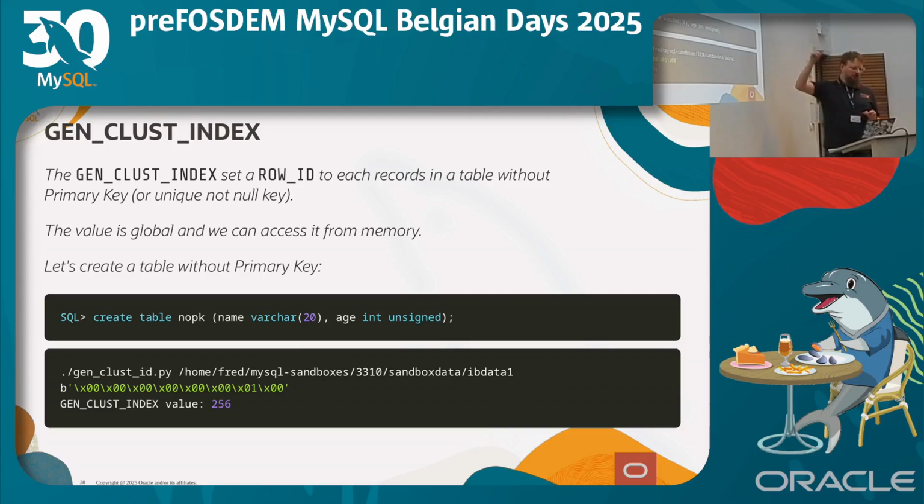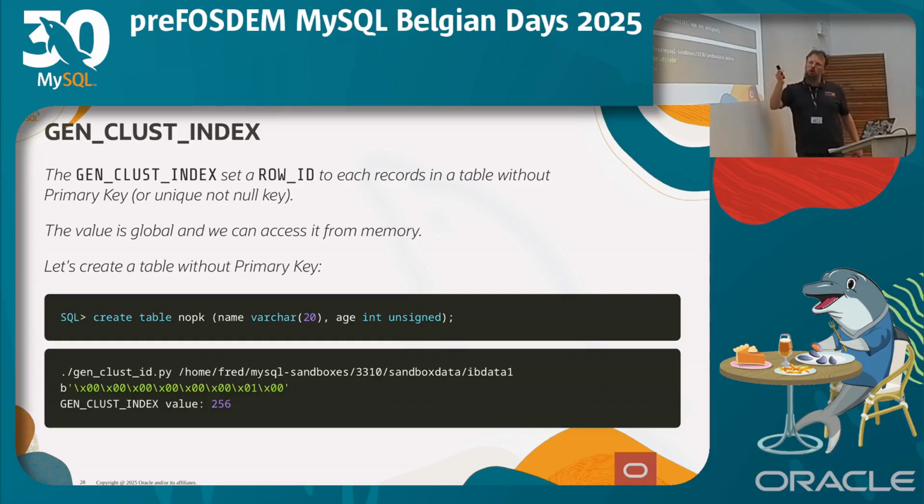And like I said, the value is global for everything. So let's have a look. We create here a table, no primary key, name varchar, age, and there is no unique column. So it will create this gen cluster index.